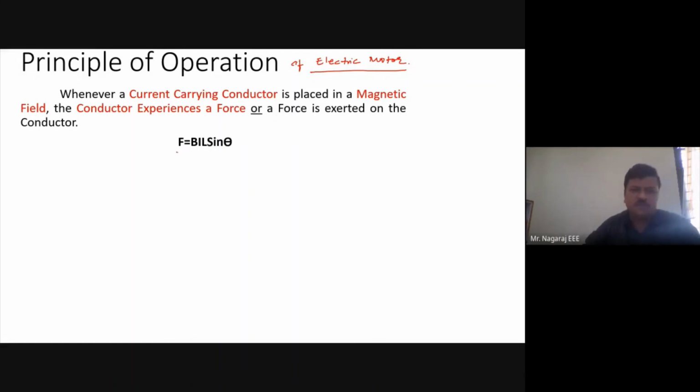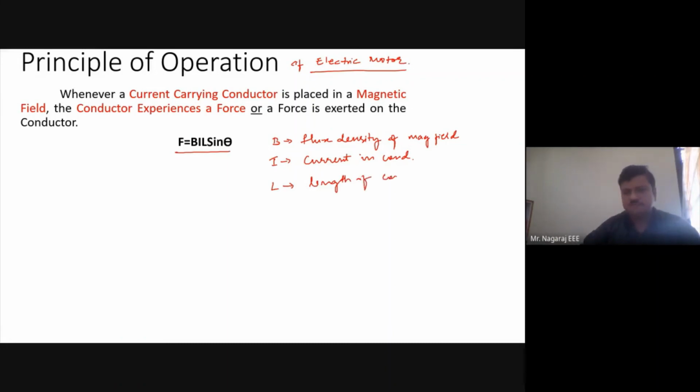The amount of force is given by F equal to B I L sin theta, where B is the flux density of the magnetic field, I is the current in the conductor, L is the length of the conductor, and theta is the angular position of the conductor.